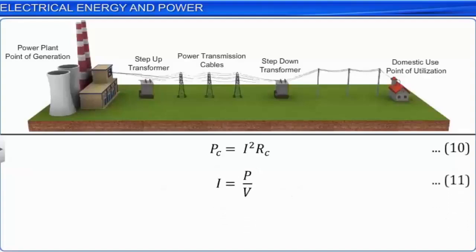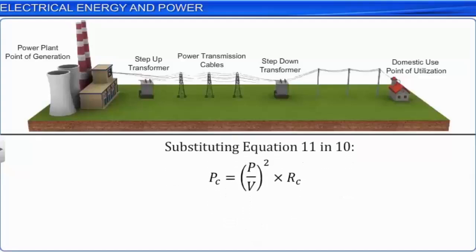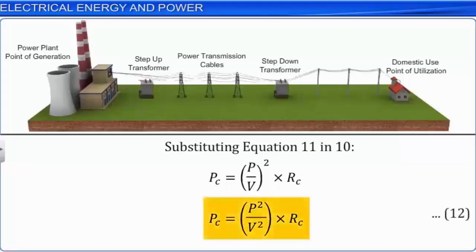Substituting equation 11 in 10, we get PC is equal to (P by V) whole square into RC. That is, PC is equal to P square by V square into RC. Let this be equation 12. This equation helps calculate the power loss PC due to the resistance RC in the transmission cable.